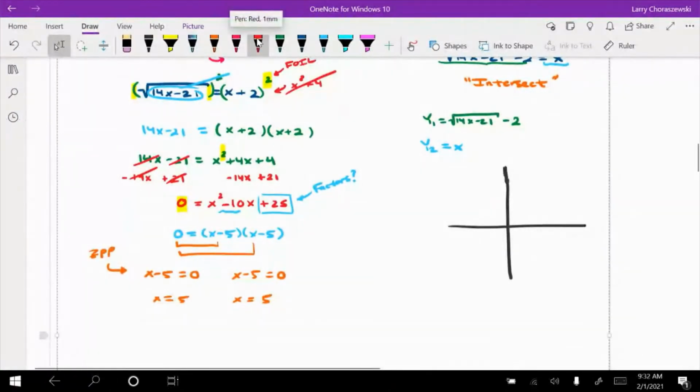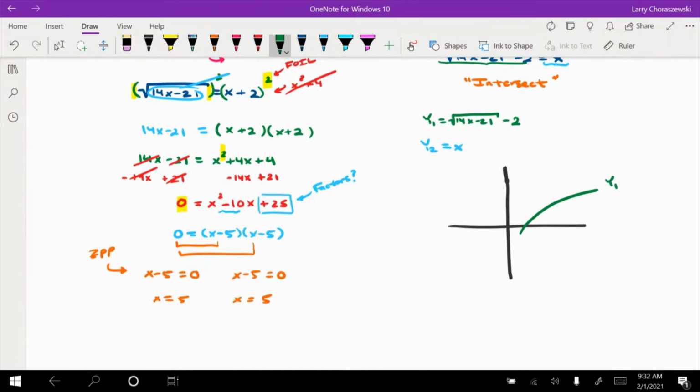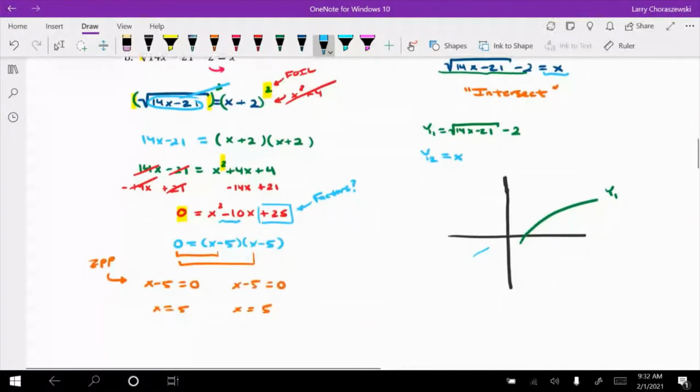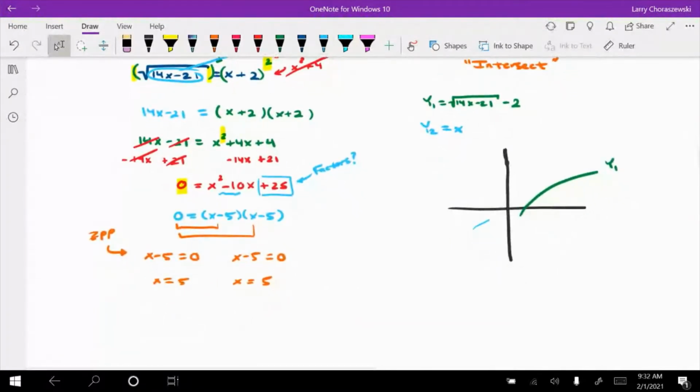Let me just go ahead and sketch out these graphs. Hang on, pen froze on me.